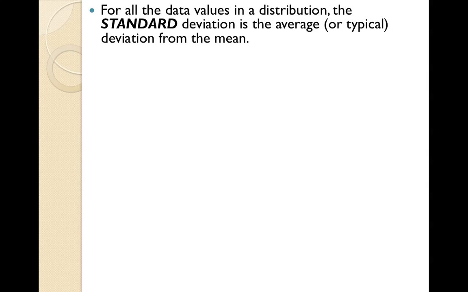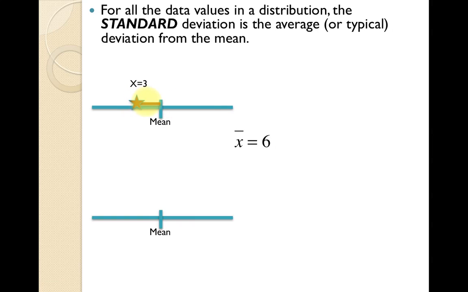We started with a very small distribution, only 4 data values. We found the mean to be 6, and for a data value of 3, it is on the left side of the mean, with a deviation represented by this length here.